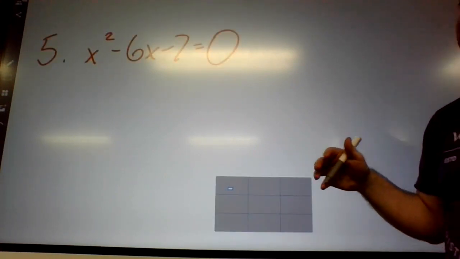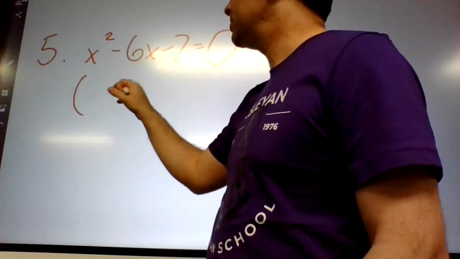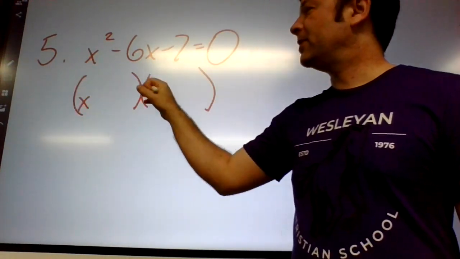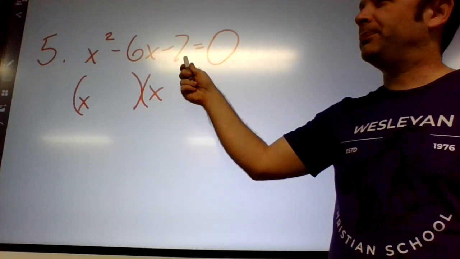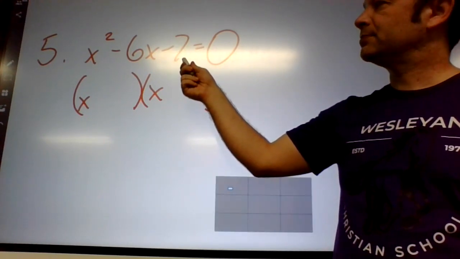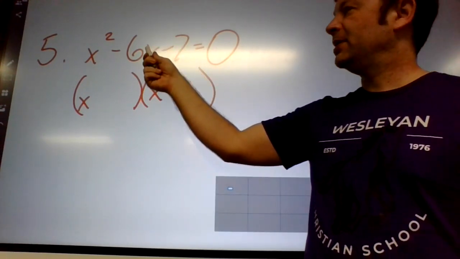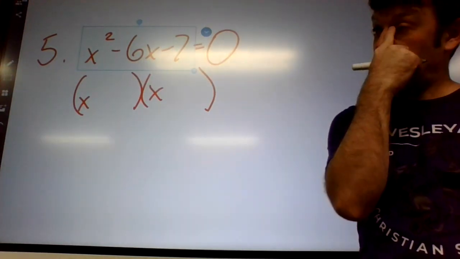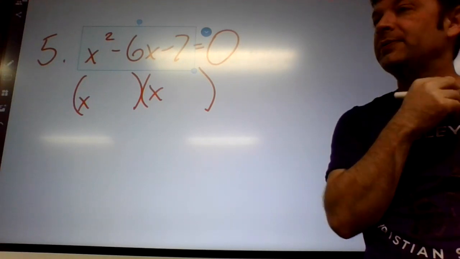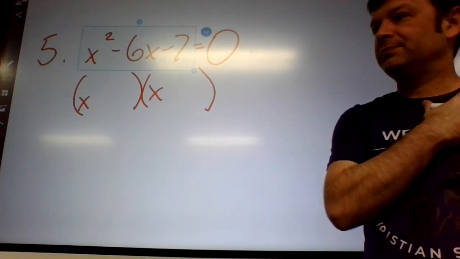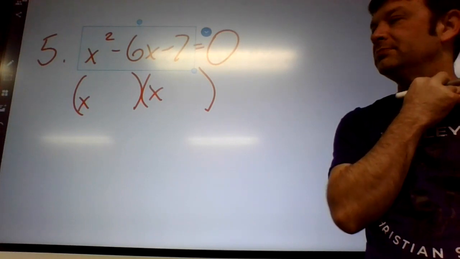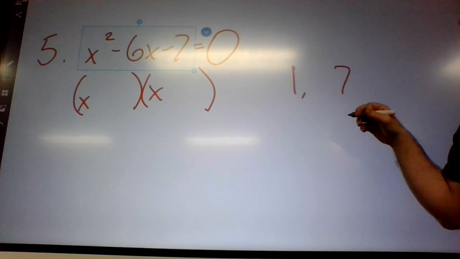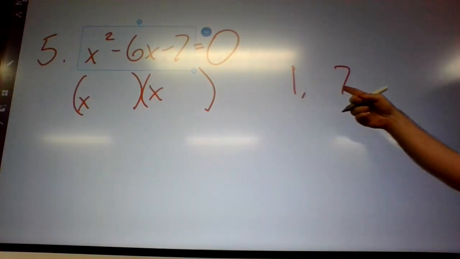Okay. So Abby on this one. So x is in the front. What multiplies into 7? 1 and 7. And how do we use those to add up to -6? Well, we got to use the 1 and 7 though. So how do I get this to equal -6? -7.